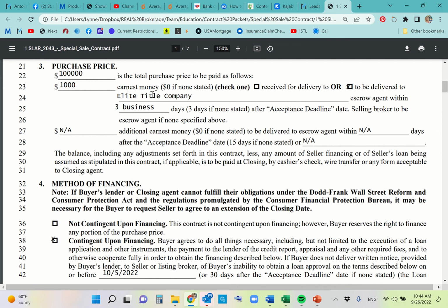And then this is where they're going to give their earnest money. So within 3 business days. So if you're signing a contract on a Saturday, Monday, Tuesday, Wednesday is when they would have to have their earnest money turned in. And we'll talk about this, and we maybe have before. You need to manage this.